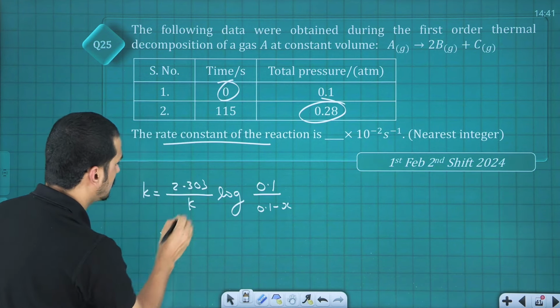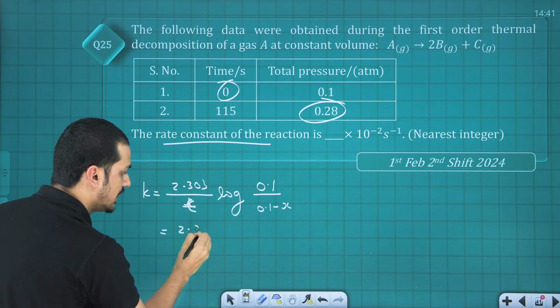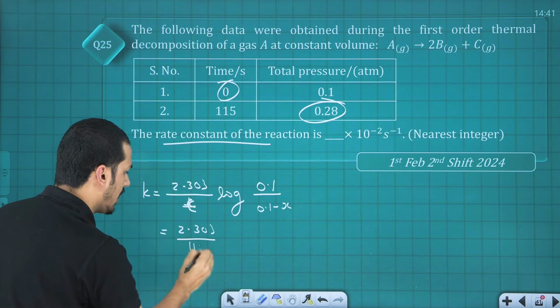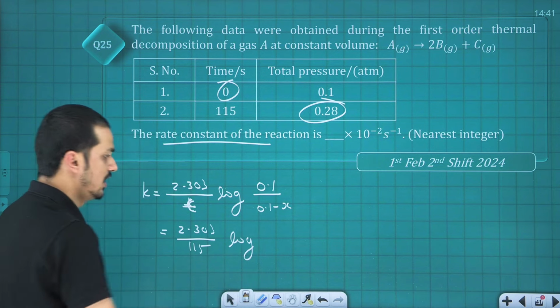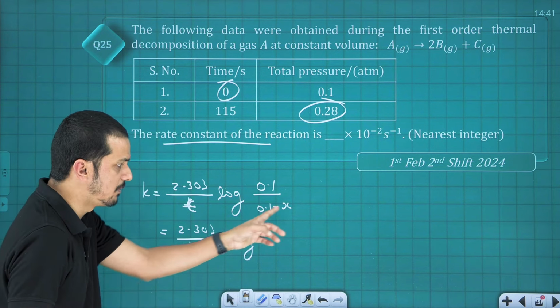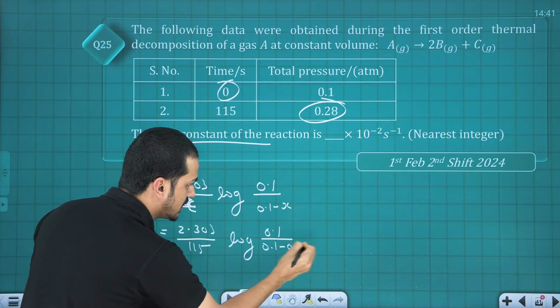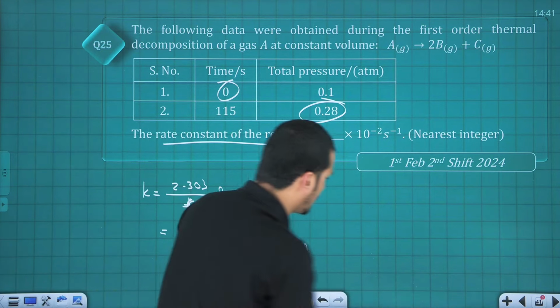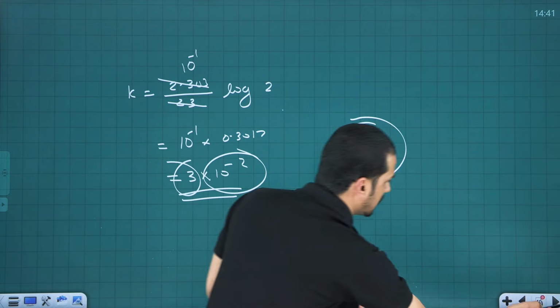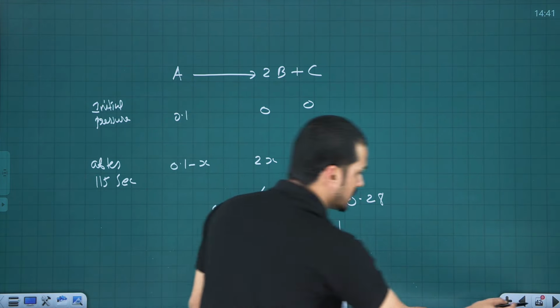So t is 115: 2.303 divided by 115 into logarithm of 0.1 divided by 0.1 minus x. x is equal to 0.09, which I am substituting there.